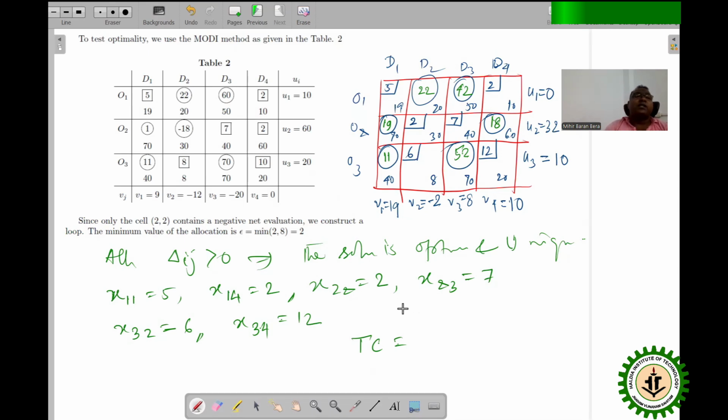When all delta is greater than 0, you are getting the solution in the first step. Secondly, when all delta is greater than or equal to 0 but one delta is equal to 0, then what will happen? And if any one of the delta is less than 0, then what will happen? So these are all about the optimality test of the transportation problem.